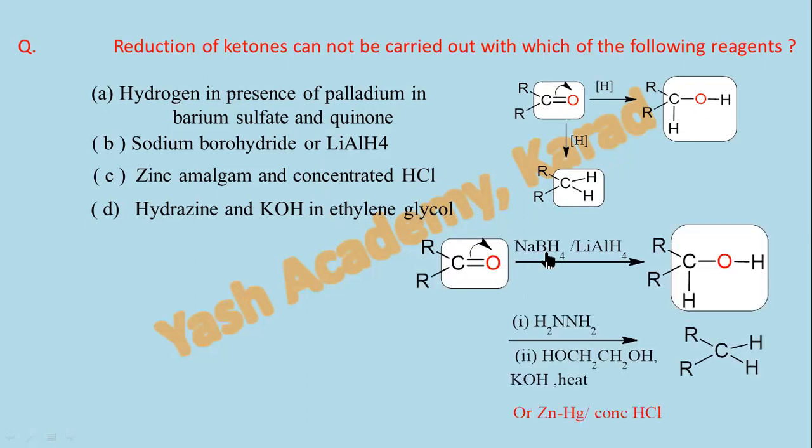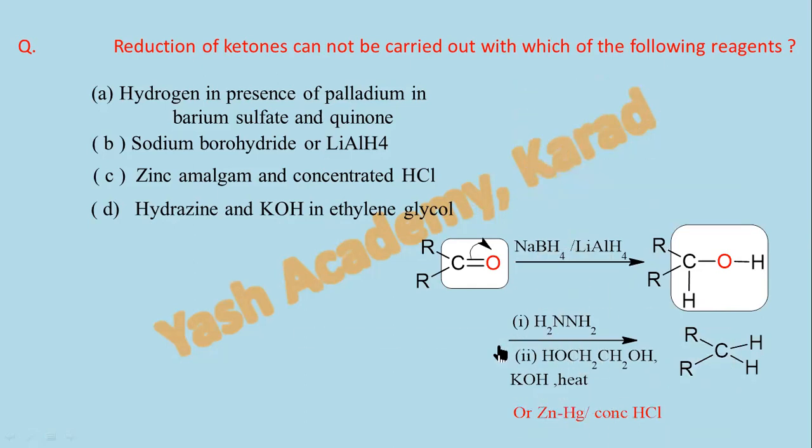Here, sodium borohydride is a reducing agent and it reduces only aldehydes and ketones to CHOH group. But here, lithium aluminum hydride reduces aldehydes, ketones, acids, and esters to the corresponding compounds. This is possible. Next is hydrazine and KOH in ethylene glycol.